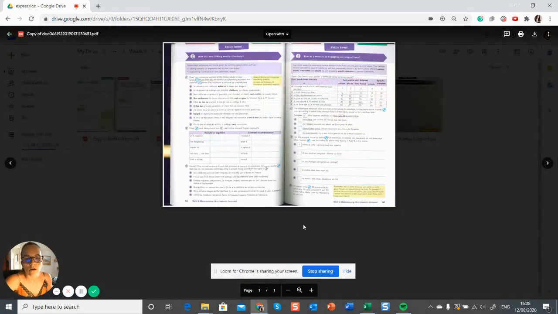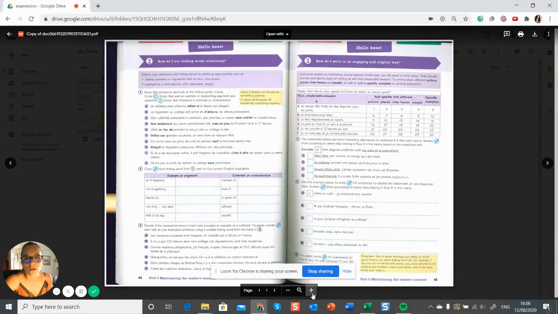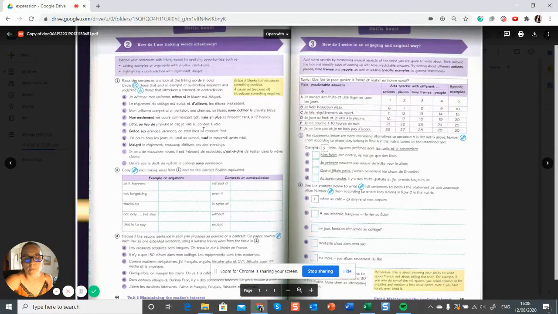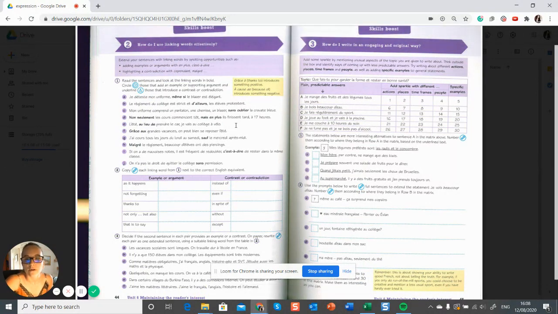And then moving on to how to link, how do we use linking words effectively? So here, using en plus, c'est-à-dire, so all these little words. So you can either use linking words that are going to add something, linking words that are going to balance something, something that brings a contradiction.